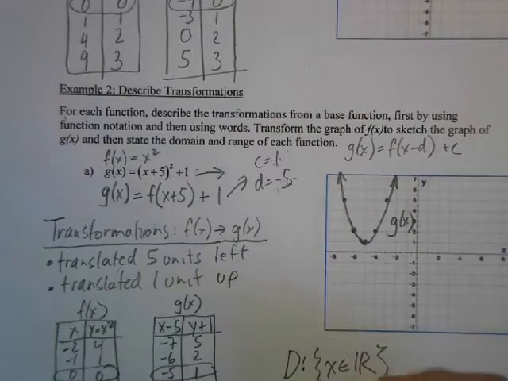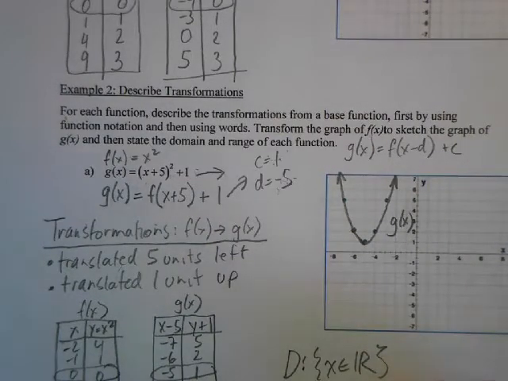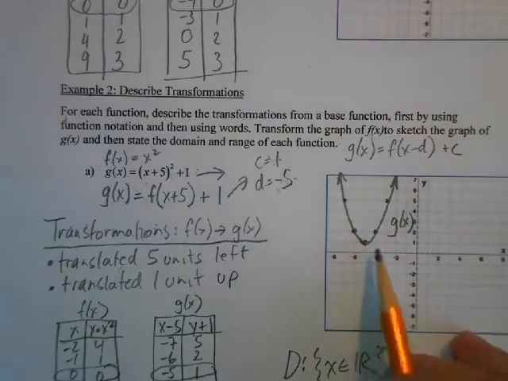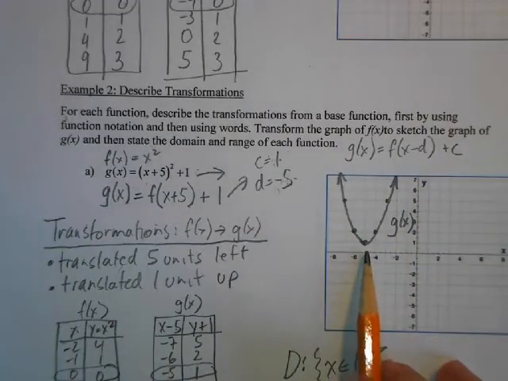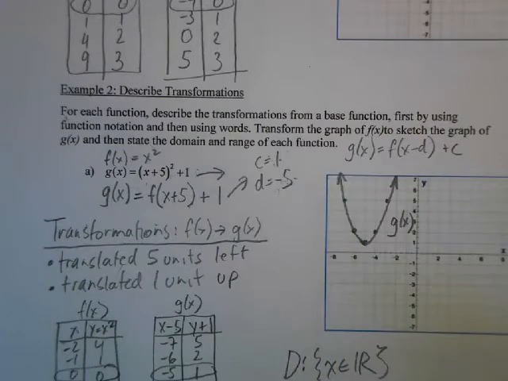Now, if you remember, the range for a quadratic function is limited. This time I'm going to say g of x is a real number, but, and you can tell from the graph here, g of x has to be greater than or equal to 1.